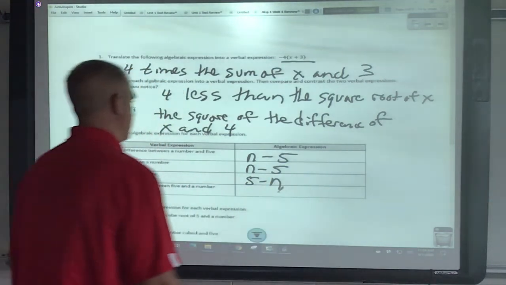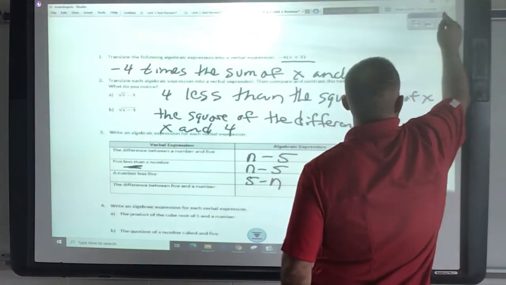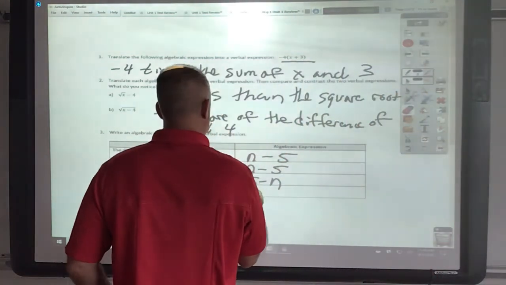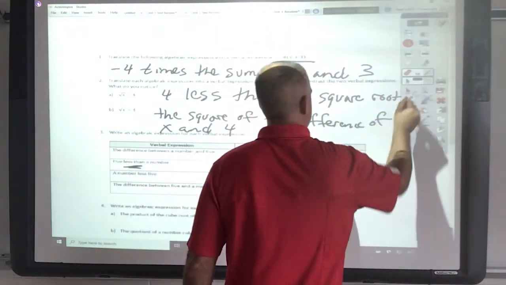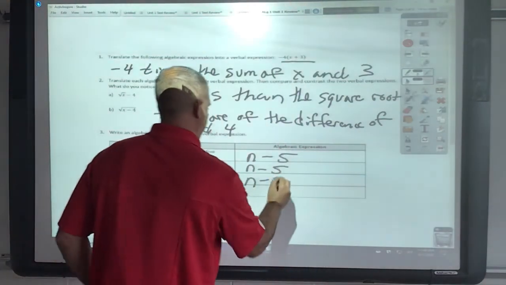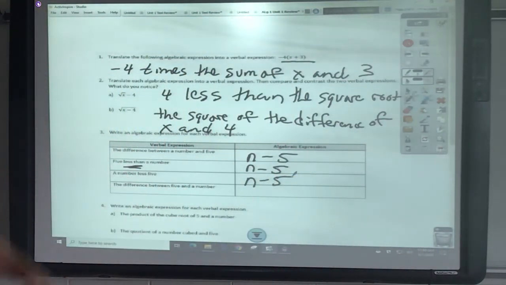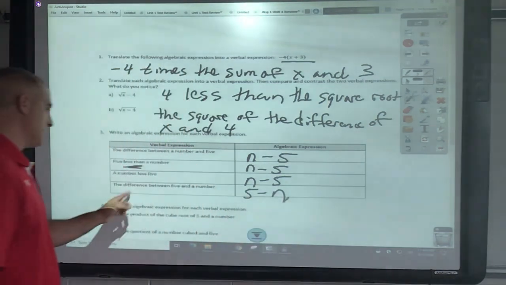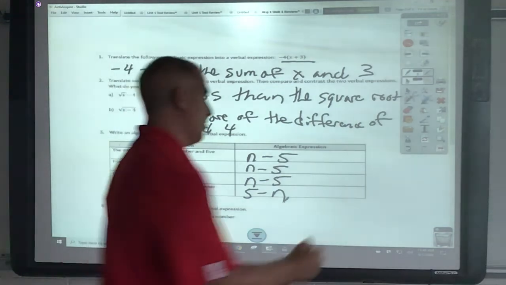Okay, actually, hold on, that's not right. Let me erase that. Another way to write this: the difference between 5 and a number. So when it's a difference, it's in that particular order.